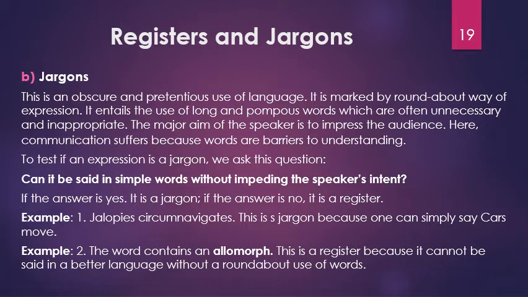Because, as I told you, class, words are barriers to understanding. When you don't use the right words in your expressions, you may end up misunderstood, and there is likely to be miscommunication at the end of the discussion. That is why we usually advise students to avoid jargon, because it may sideline some members that you aim at communicating to.